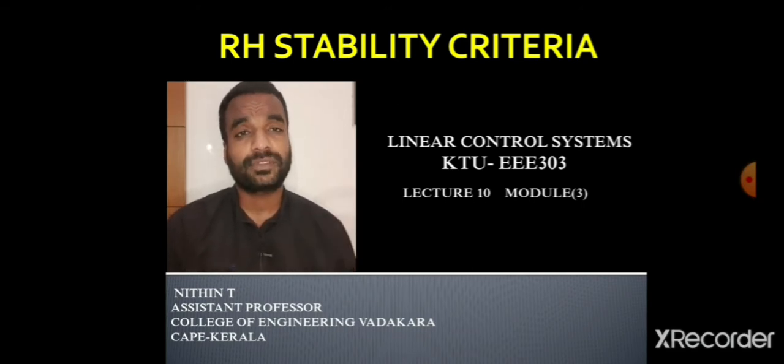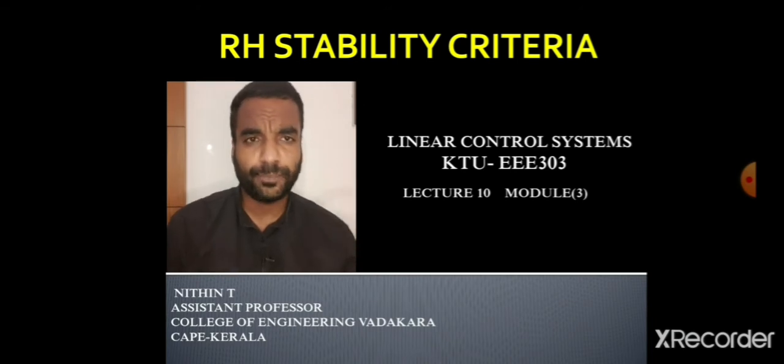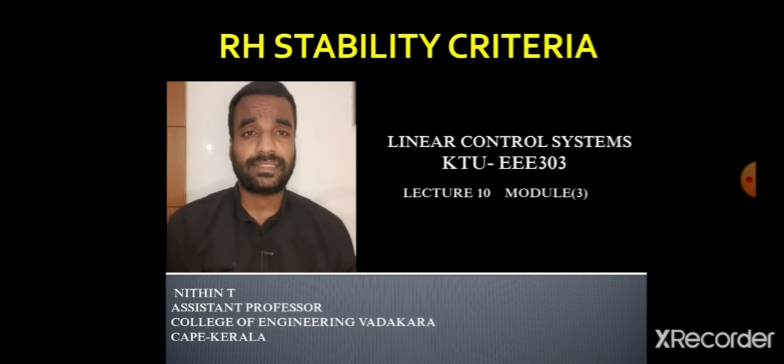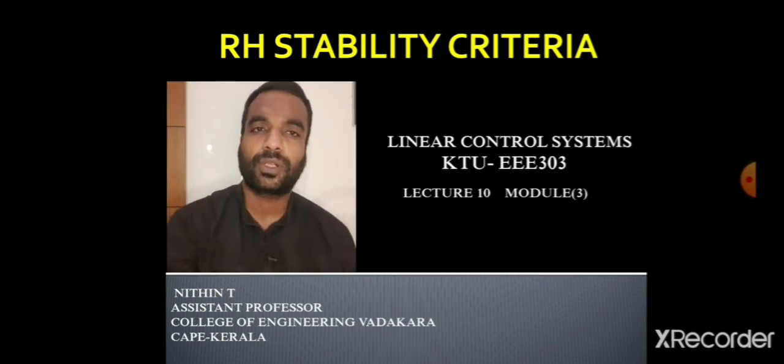We have to put some input: y of s is equal to plant transfer function into input u of s. You can substitute any input and check whether the output is bounded or not.